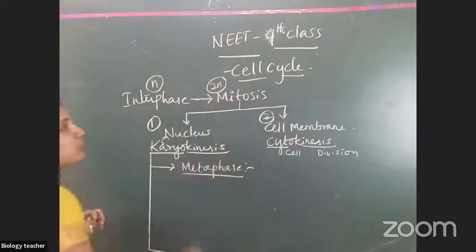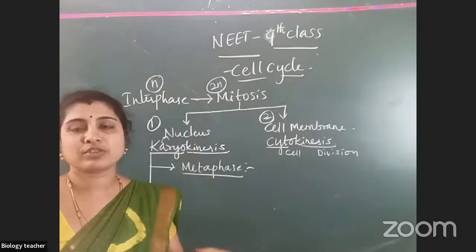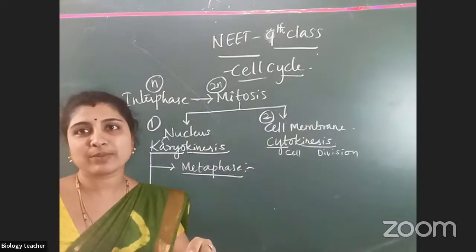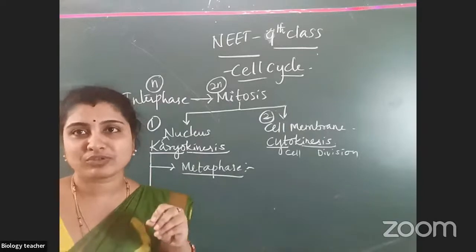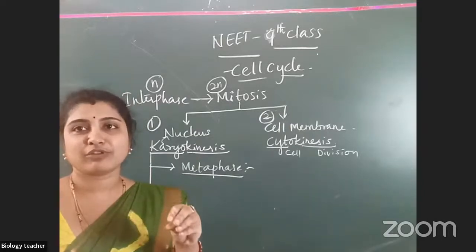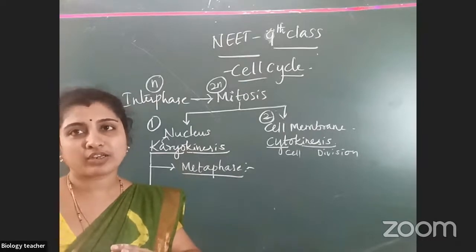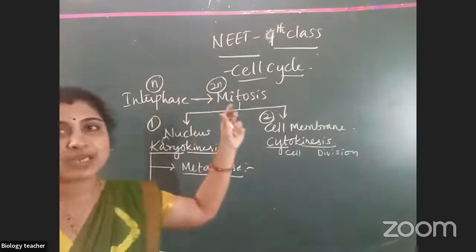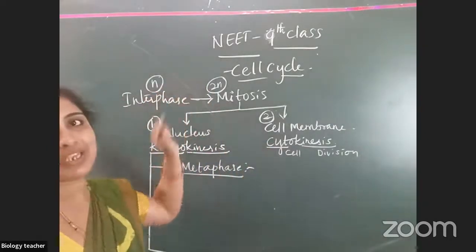Here n means the number of chromosomes. Where are chromosomes present? In the nucleus. What is the function of chromosomes? They carry genetic information from parent to progeny, which we call daughter cells. So chromosomes are present in the nucleus, and now n has become 2n.